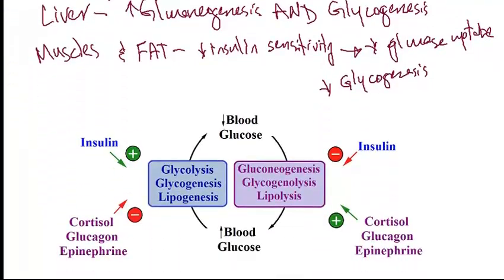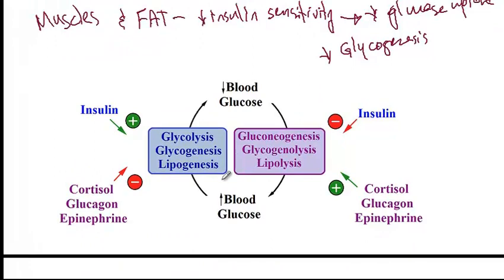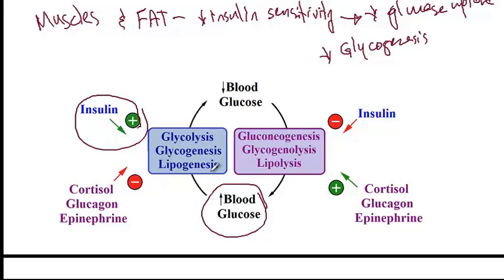So here is a summary of these pathways. That's basically generalizing how they work: if there is high blood glucose, then insulin needs to kick in to enhance glycolysis, glycogenesis, and lipogenesis. So any pathway that would destroy glucose or turn it into something else would kick in in order to reduce the blood concentration of glucose.